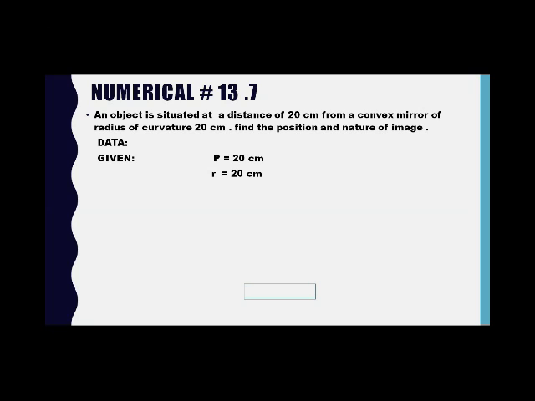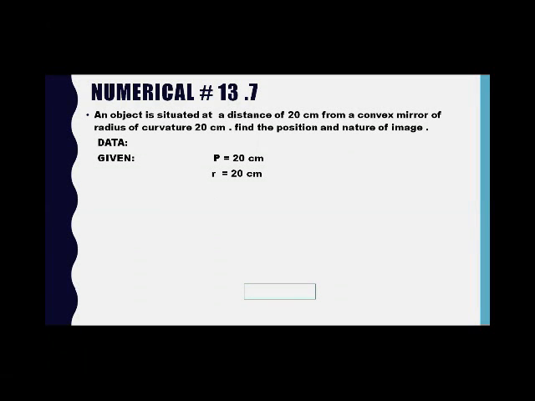First of all, write down the data. Object distance is represented by small p, then p is equal to how much? 20 centimeter. P is equal to 20 centimeter, and the convex mirror has radius of curvature 20 centimeter. So here r, as I told you, means radius of curvature, not only the radius.